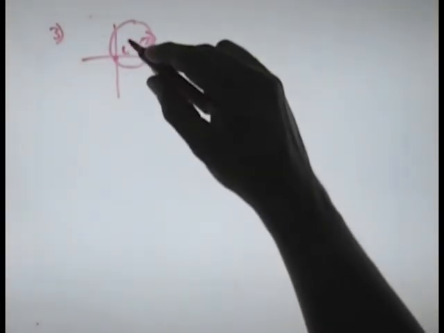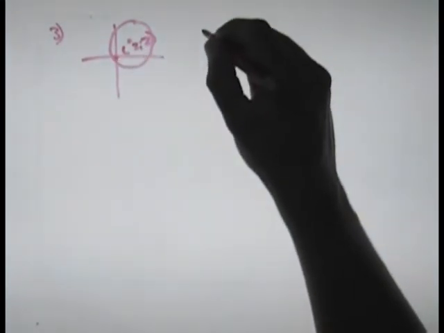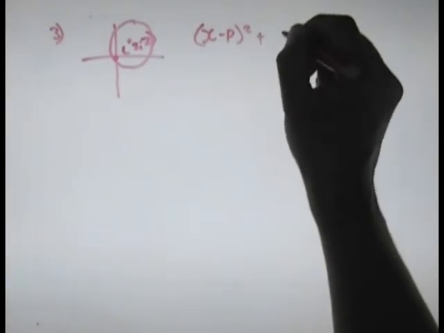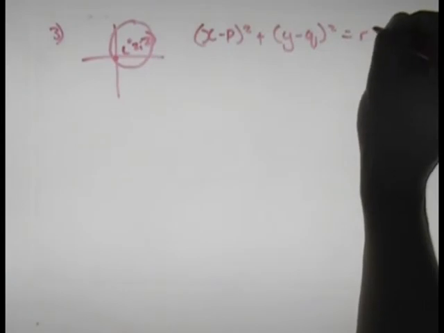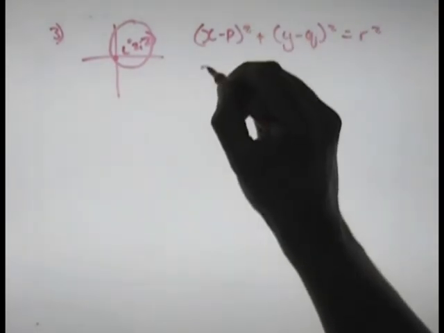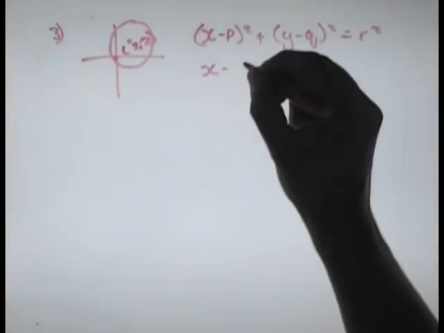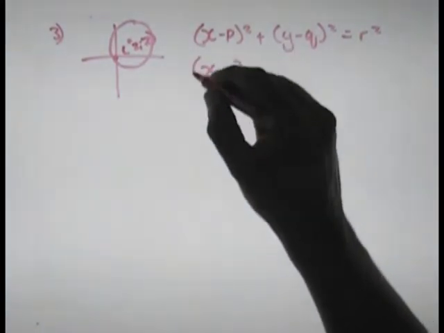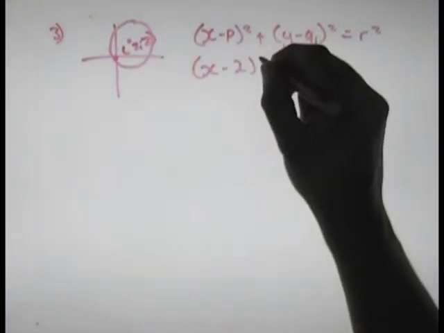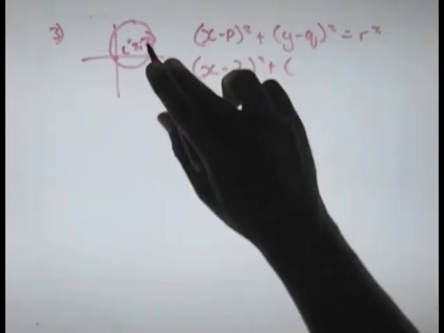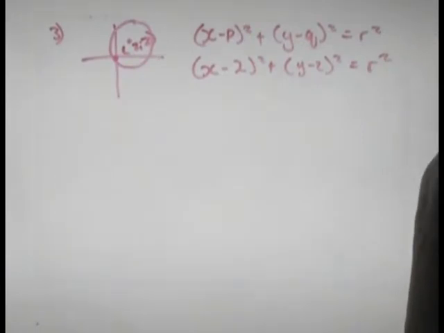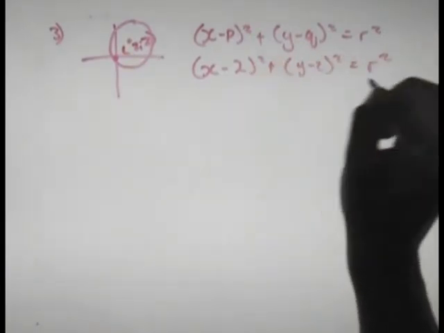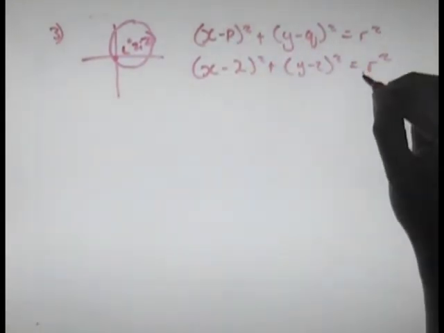Now, because the center is not the origin, we're going to have to use the equation x minus p squared plus y minus q squared is equal to r squared, which is going to read, our p value is 2, x minus 2 squared plus y minus 2 squared is equal to r squared. And that's the equation, except we need to find r.